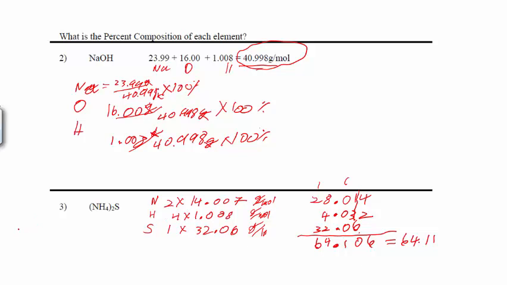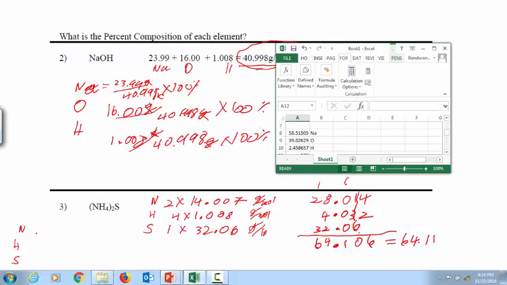So I'll do it over here, nitrogen, hydrogen, and sulfur. Well, let's do it in Excel, then we can just run it faster. Just move this down a bit, and what I'm going to do is exactly the same thing. I'll put the total amount, and I'm going to go ahead and take out all the figures, including the non-significant ones.